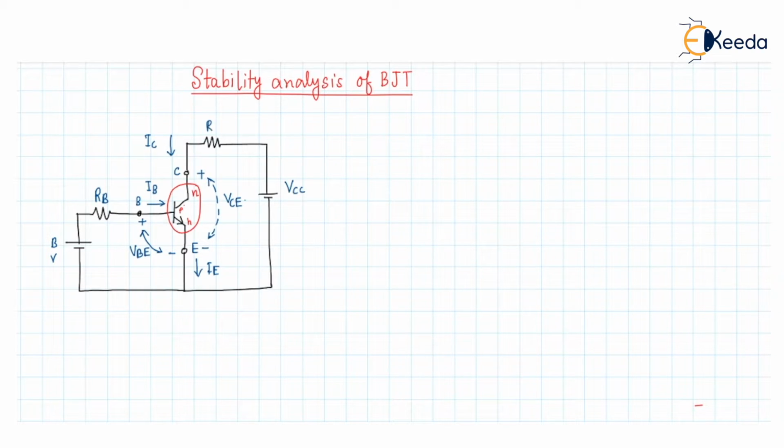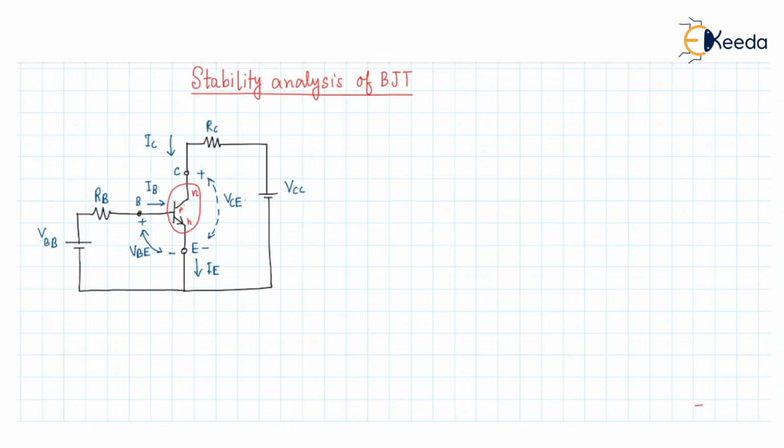where an RC resistance is connected at the collector and an RB resistance is connected at the base, and there is a voltage VBB connected at the base terminal, and a voltage VCC connected at the collector terminal.